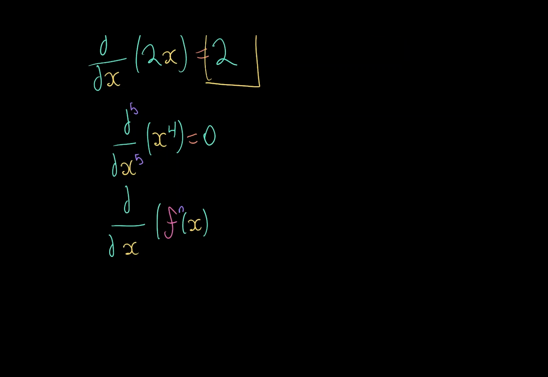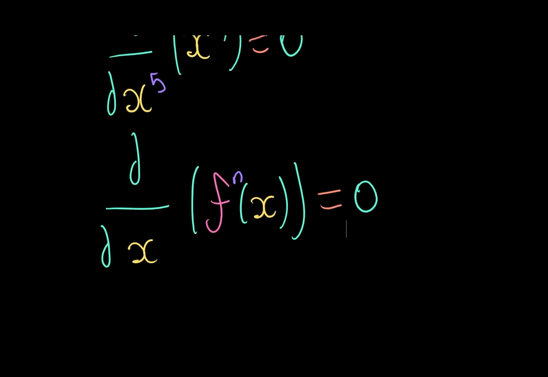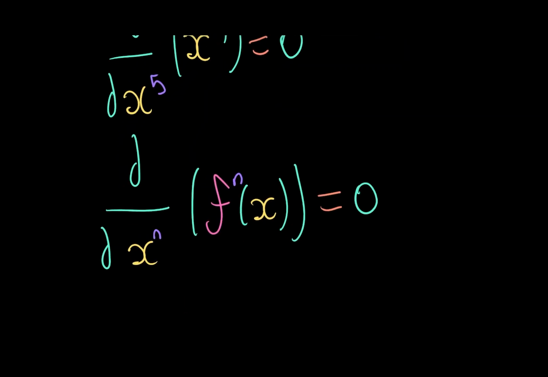So if n is equal to 0, that's your original function. 1 would be your first derivative, 2 the second derivative, and so on. So it turns out this would always collapse to 0 whenever your exponent here is n plus 1. And that's the same up here.